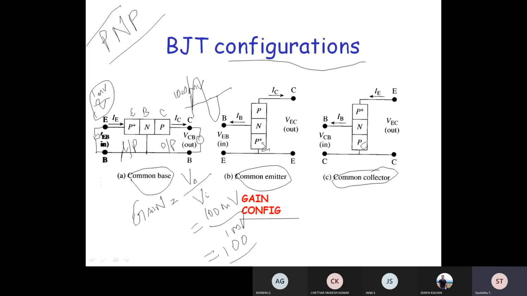Now this is in common base. Similarly, in common emitter configuration I can feed the 1 millivolt input between base and emitter. Again, because of the application of the potential, some current will flow, recombination of charge carriers will take place, and the carriers will move forward and reverse. Across the collector and emitter, we can take the output. The output may be some 80 millivolt or 120 millivolt, depending upon the configuration.